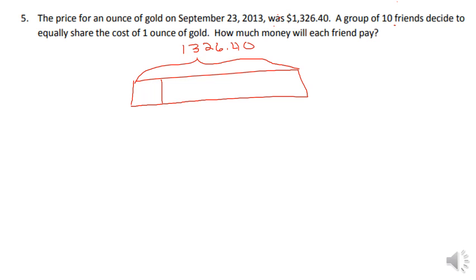And they say that 10 friends, so we know there's going to be 10 of them, and we don't know how much each are going to pay. So basically, what we have now is $1,326.40 divided by 10.